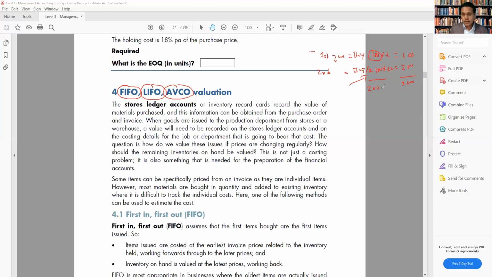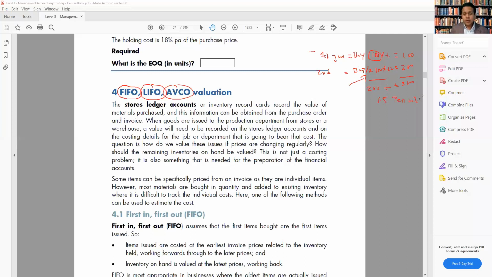So let's say we have 200 units and the cost for the 200 units is 300 pounds. So what we'll do, we just divide to find the average. So 300 divided by 200, that will give you the average per unit. So I said 300 divided by 200, that's 1.5, 1.5 per unit.